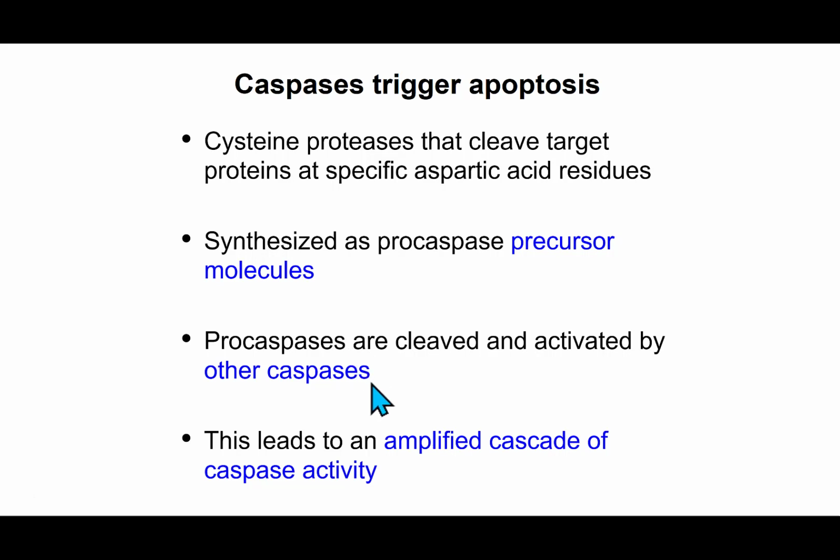So if you just activate some of these proteins, you actually get a chain reaction where you activate more and more caspases and you get more and more cleavage of these specific target proteins, some of which are inactivated, some of which are activated, but that lead to that cell death. So it's really quite fascinating to think that all of your cells can carry out this program by which they destroy themselves, and they have those proteins ready to go. They just need an activation.